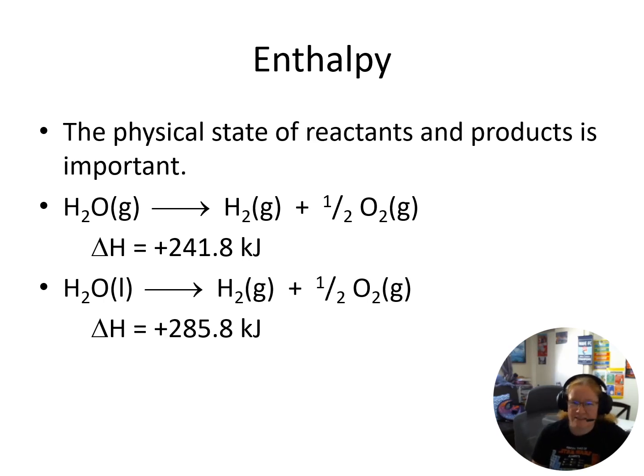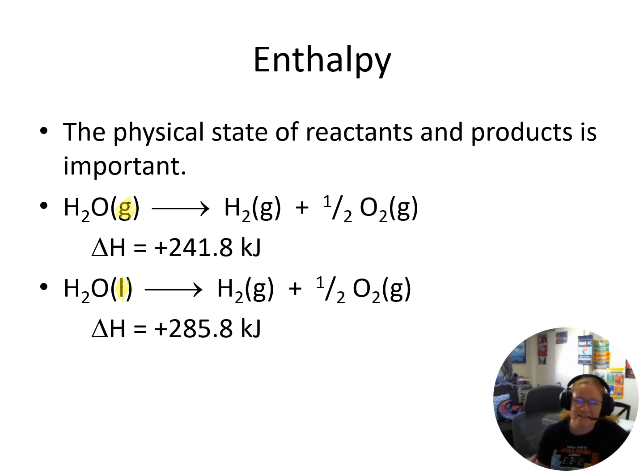Now, the physical state is important. So notice here, I have gaseous water and I have liquid water, okay? So the gaseous water, same thing we've been looking at, this 241.8 kilojoules. But now that I go to liquid water, I get 285.8 kilojoules. So the difference is gas or liquid.